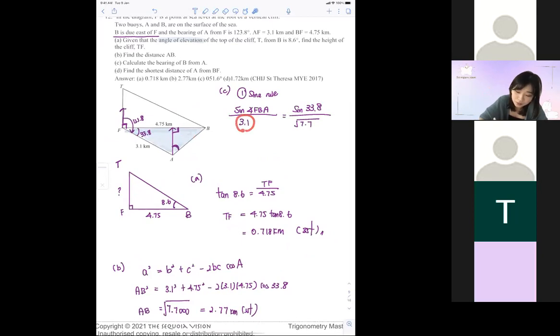So we get sine of angle FBA equals sine 33.8 divided by square root of 7.7, times 3.1.